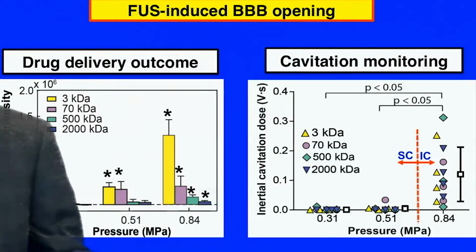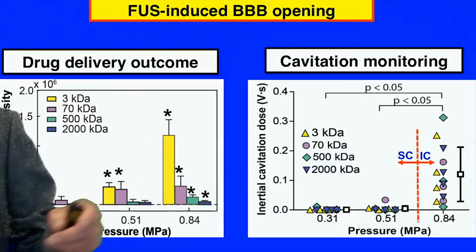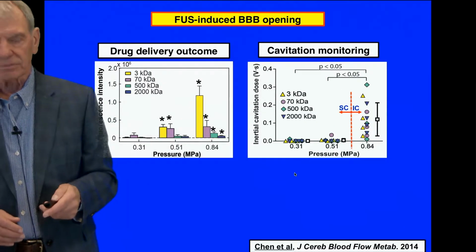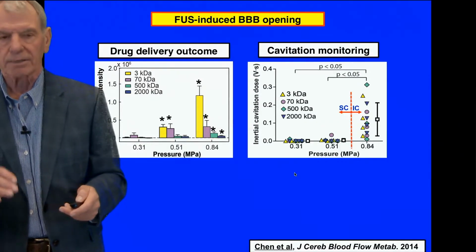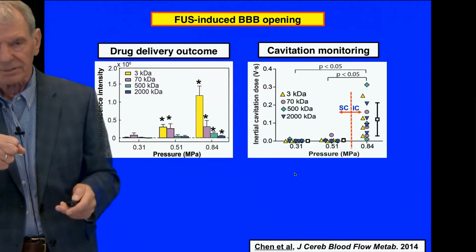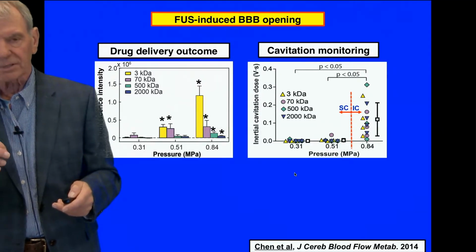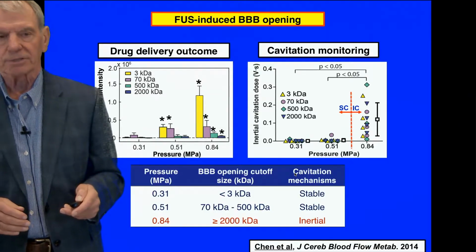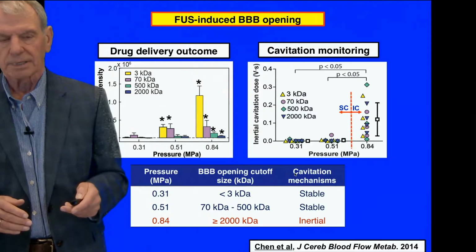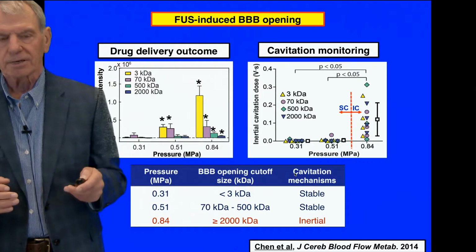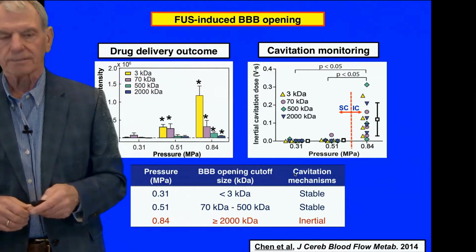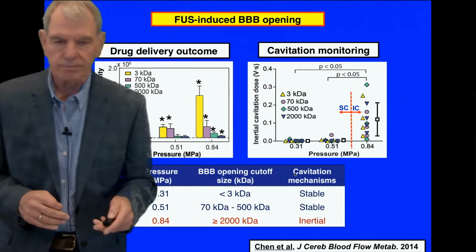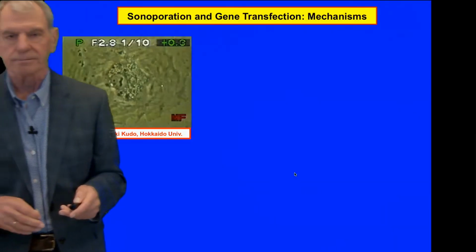So if you apply pressure at different amplitudes, then you can get these drugs into the brain, and the physical mechanism that permits this is this cavitation. So cavitation can be a useful mechanism in order to treat cases of passing through the blood-brain barrier.